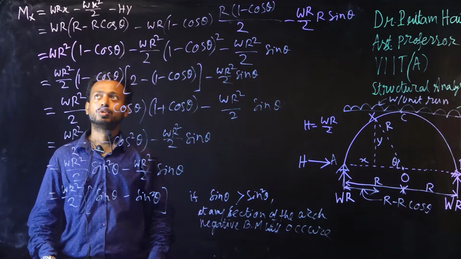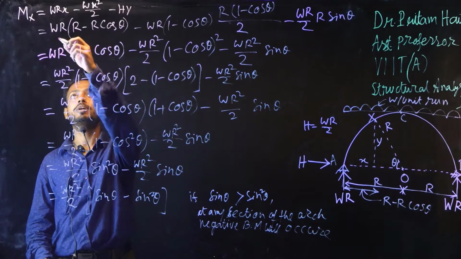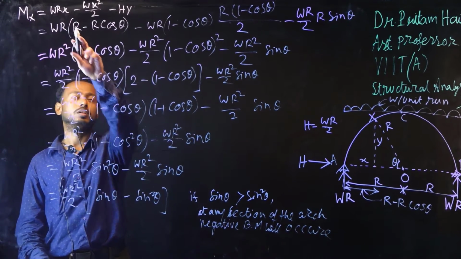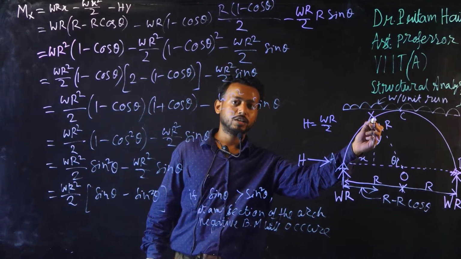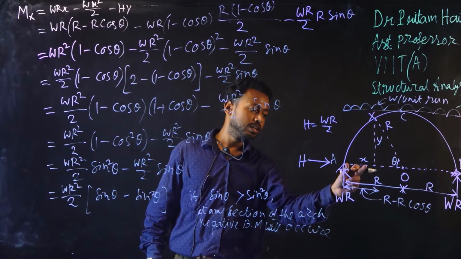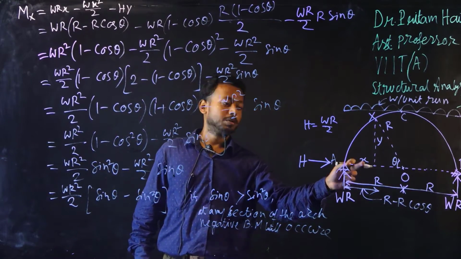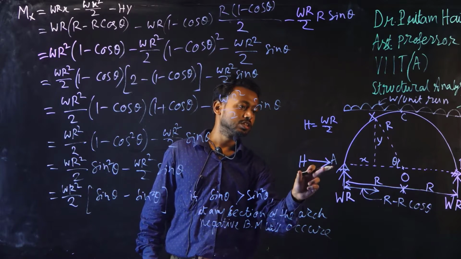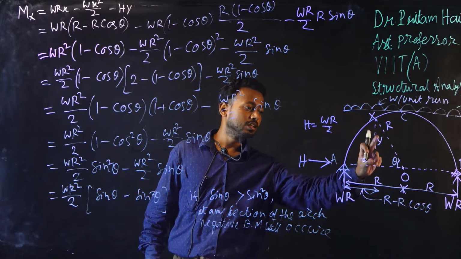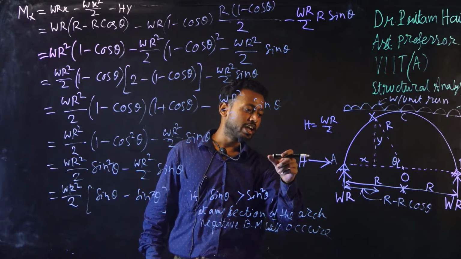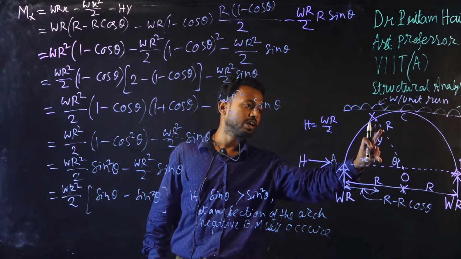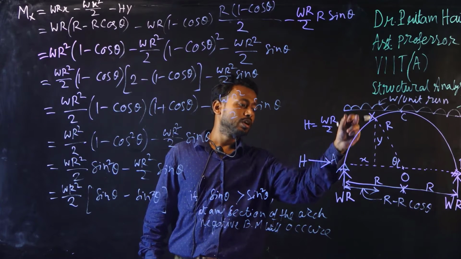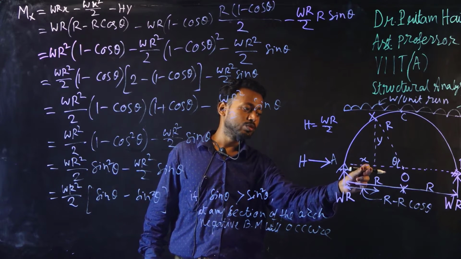So we have the bending moment Mx equals wr into x at any section x, minus h into y, because h is trying to rotate this arch in the anti-clockwise direction, minus w into x by 2.